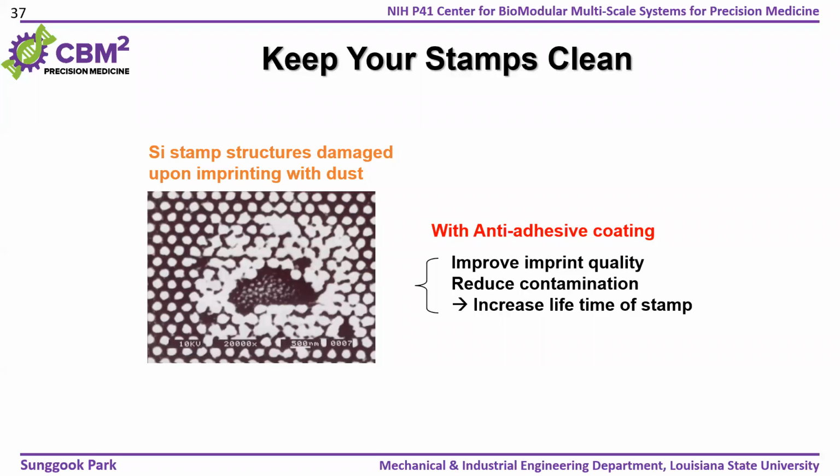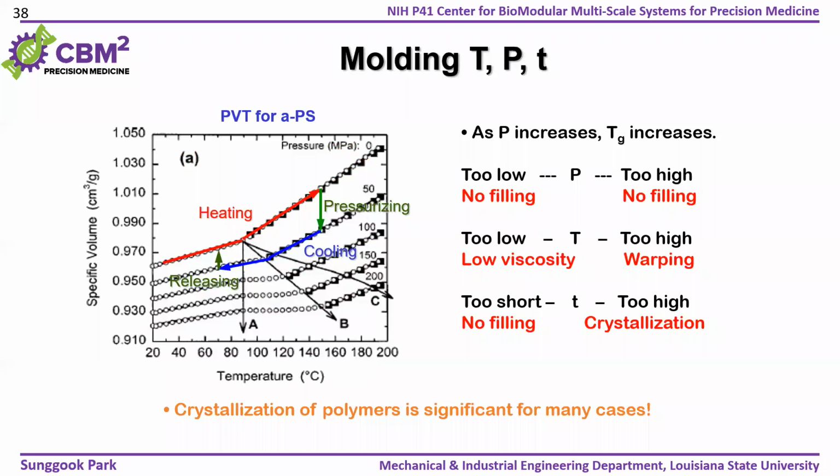That applies to any micro and nano fabrication technique, so it is very, very important to have an environment without any dust. And if you put a very good anti-adhesive coating layer, that will not only improve the demolding process, but also prevent contamination from sticking on the stamp surface.